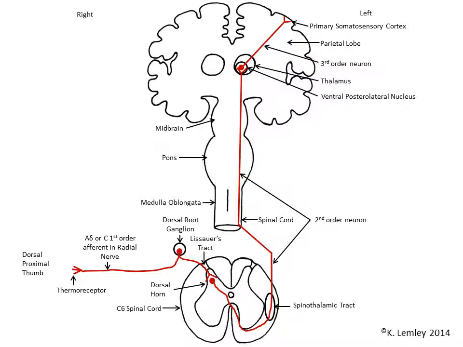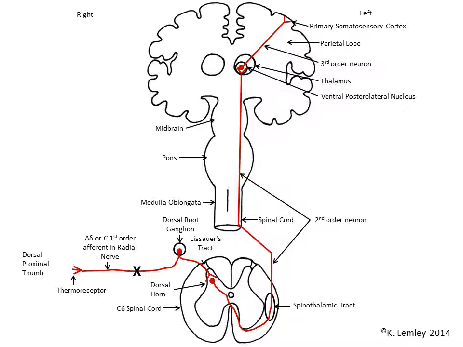But if I damage this pathway, that's going to impair my ability to perceive sensation in particular areas of my body. In this case, we're going to focus just on the temperature sensation. So we're going to start by damaging the peripheral nerve. So there's my injury.